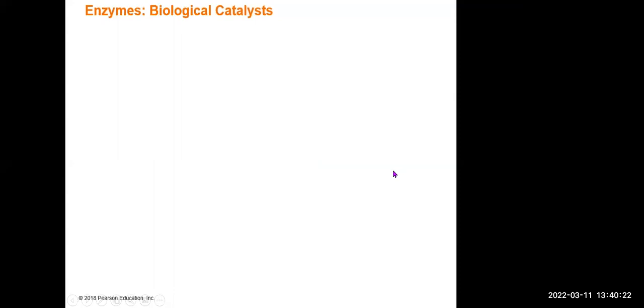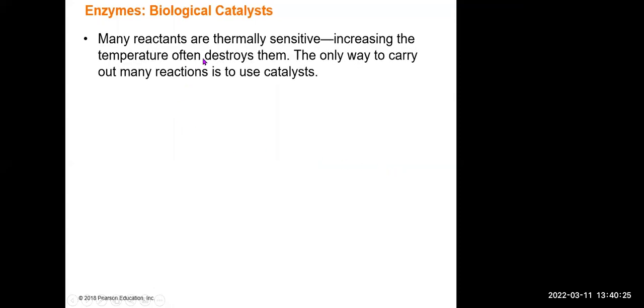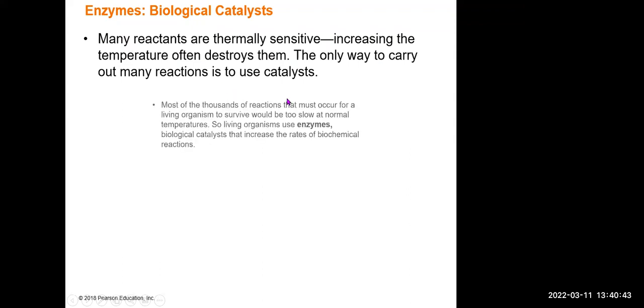Okay. And so enzymes in biological systems, like human beings and animals, are all used like catalysts. Many reactants are thermally sensitive. Increase in temperature often destroys them. The only way to carry out many reactions is to use catalysts.